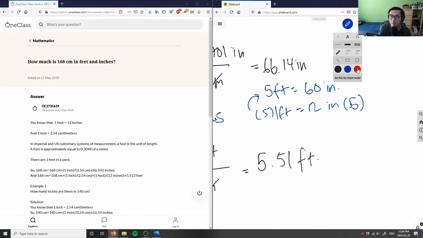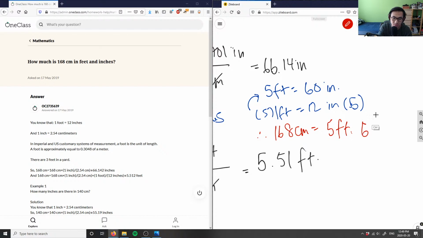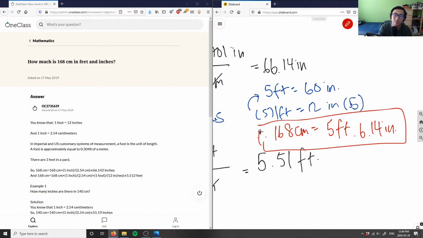So I can say that therefore 168 cm is going to equal 5 feet, and whatever is left over. So 66.14 minus 60 would be 6.14 inches. So 5 foot, 6.14 inches. And this here is the answer for this problem.